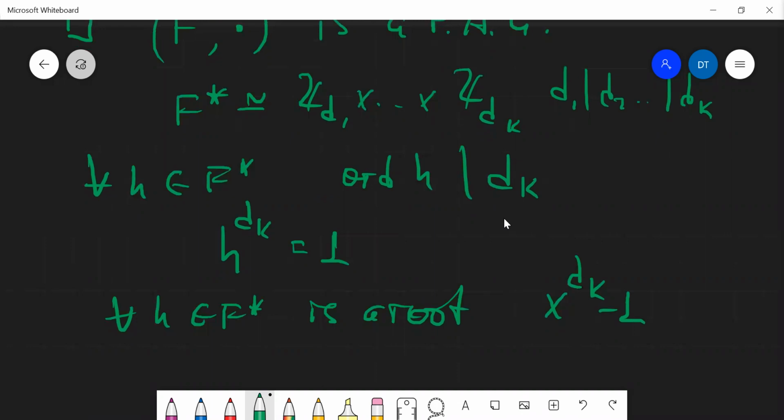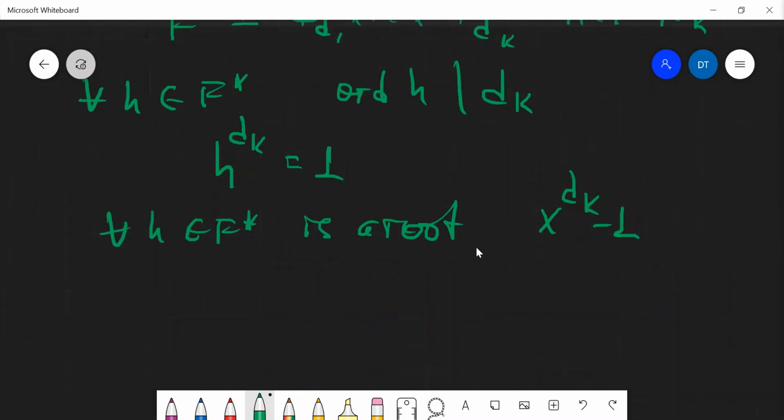But each root gives a linear factor of a polynomial. And because of the UFD property, the number of linear factors is not larger than the degree of the polynomial. Since h is a root, it means that x minus h divides x to the dk minus 1.